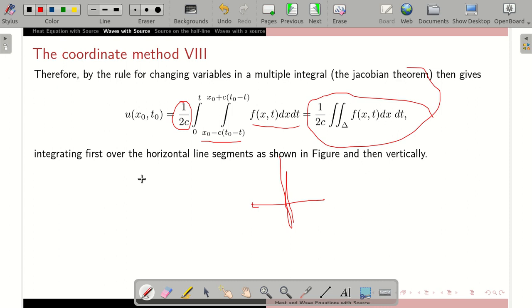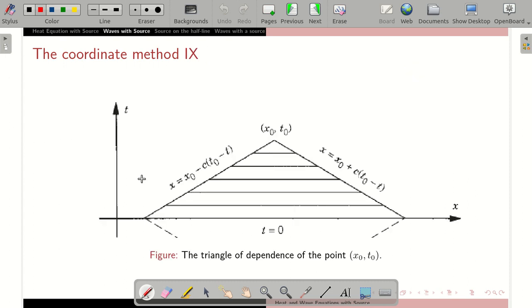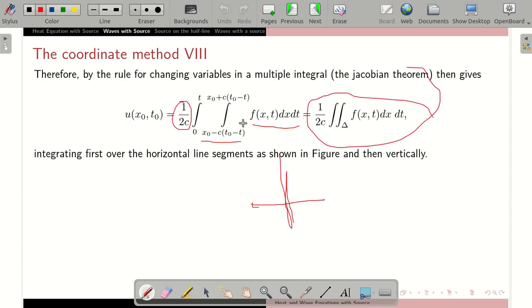So I have shown these limits in the next figure like this. This is the x-axis, this is initial t, so t runs from 0 to t, first limit.